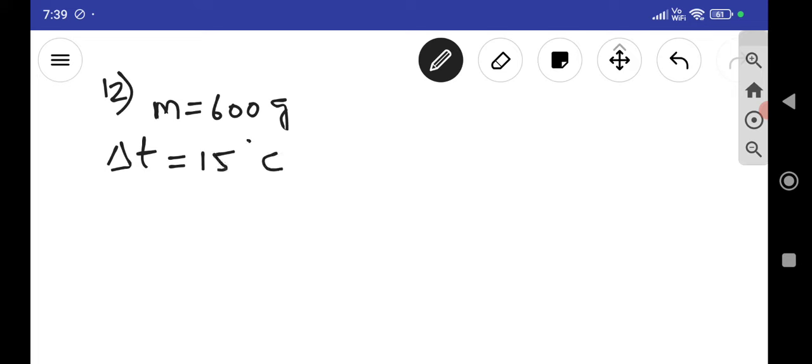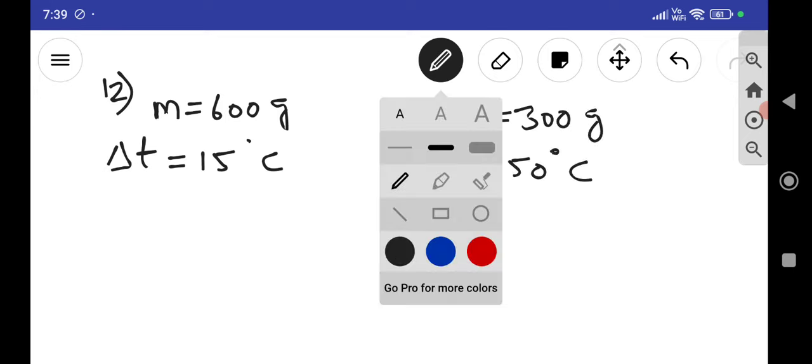Question number 12. Here again cold water is given, mass 600 gram, delta T is 15 degrees. Hot body, take it as M2, 300 grams, temperature is 50 degrees.